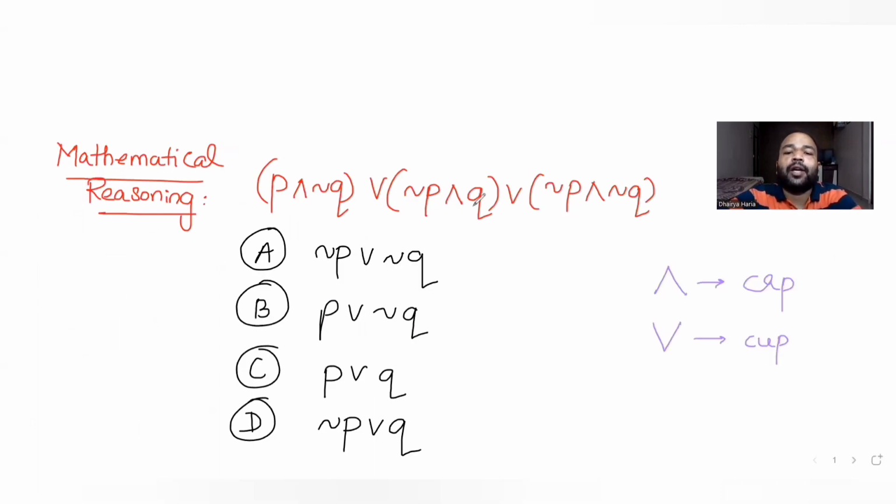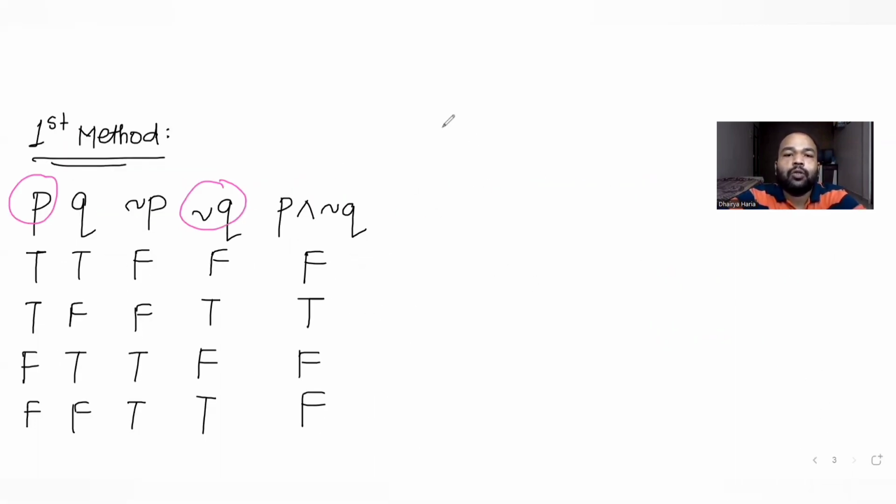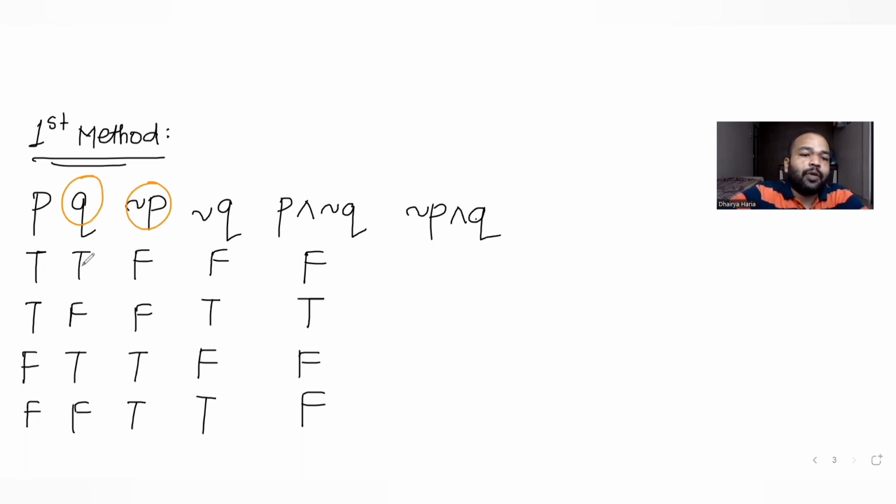We have to cap negation P and Q now. I'll remove this so that we don't get confused. So for negation P and Q, if I apply cap, only these two are T, so this becomes T, otherwise all are false.